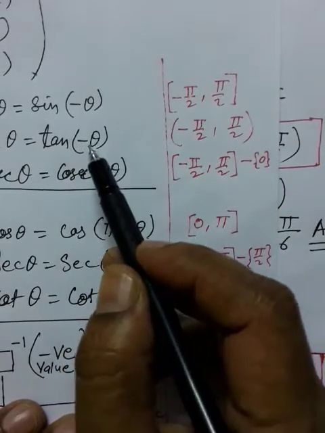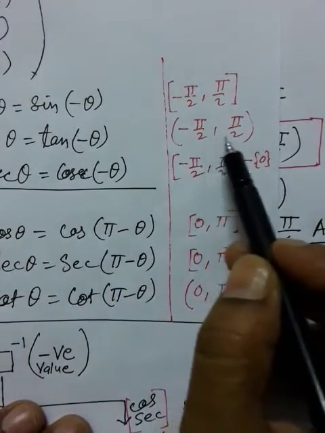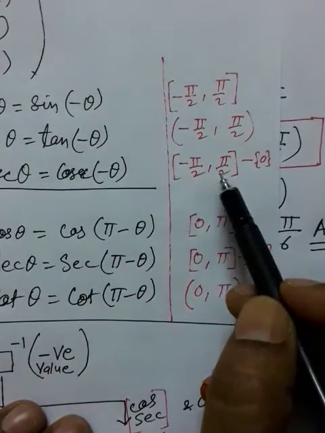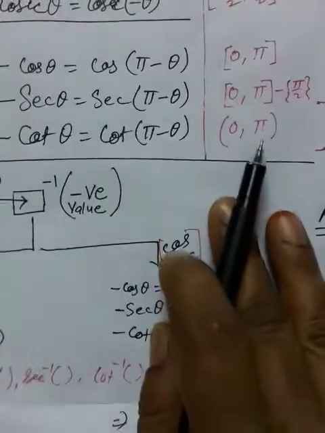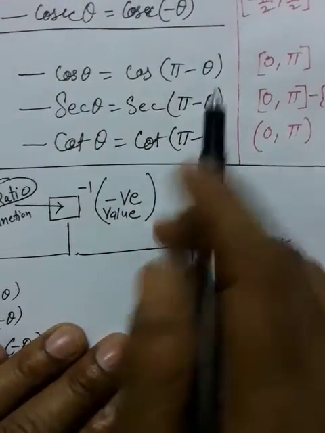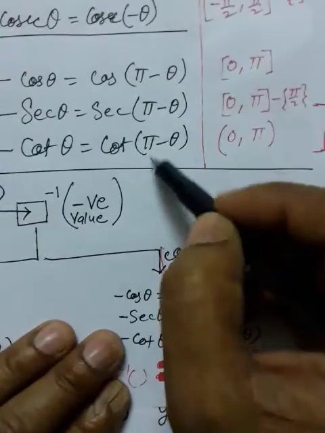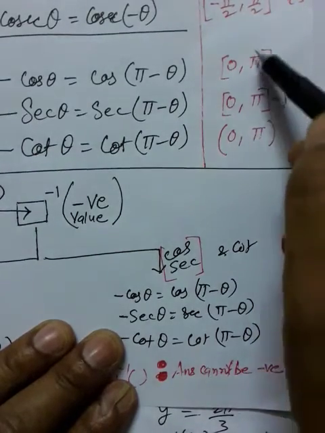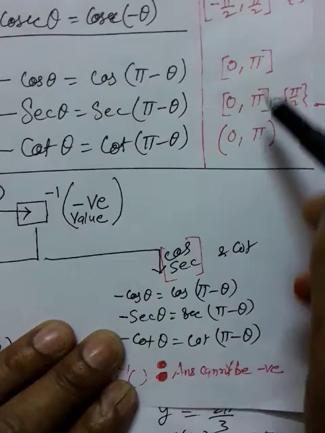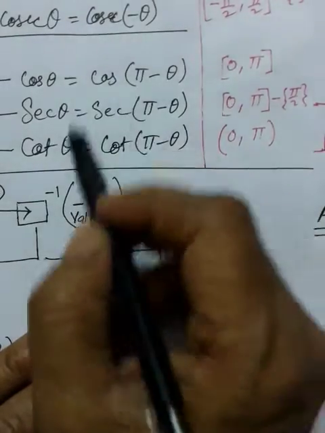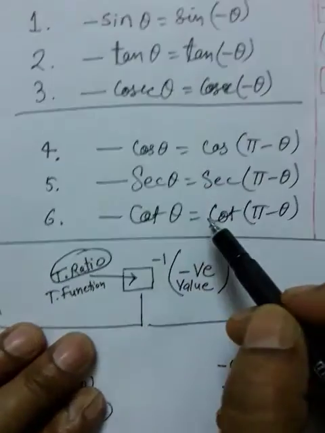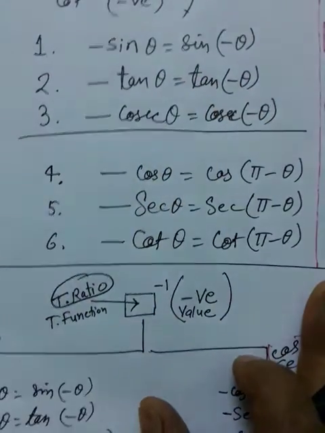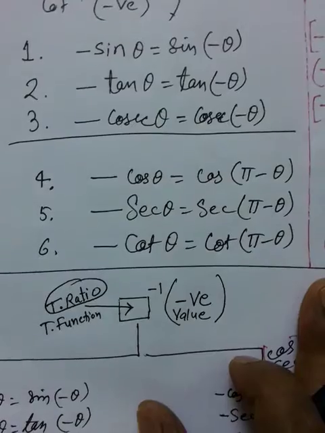Here also theta can be negative. And here we are not writing that one, because the principal value branch lies here. So we will always use these things. All these 6, you must write down on a paper and keep in front of you.